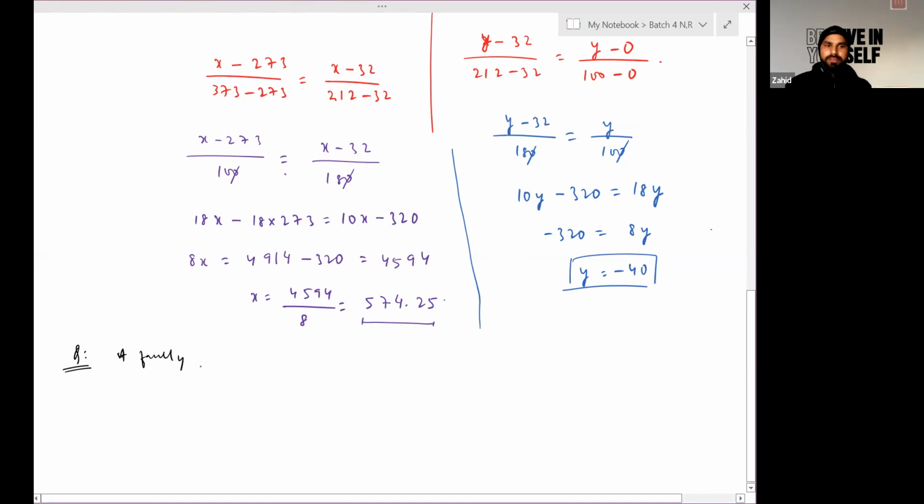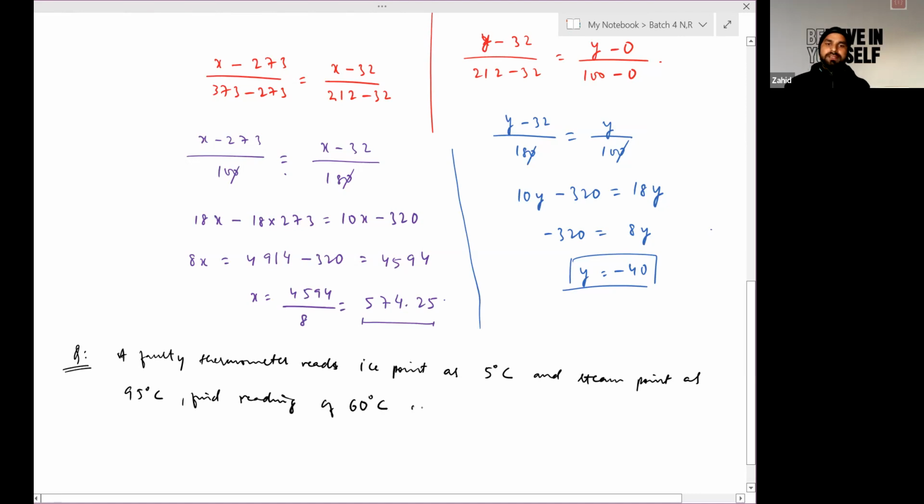A faulty thermometer reads ice point as 5 degrees Celsius and steam point as 95 degrees Celsius. Find the reading of 60 degrees Celsius on this scale.